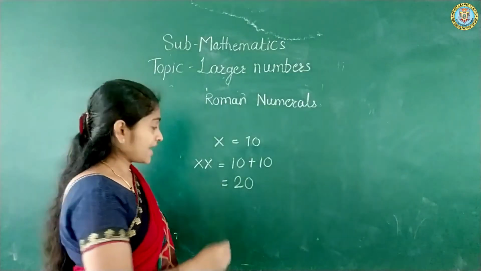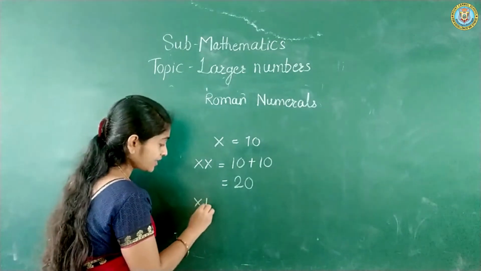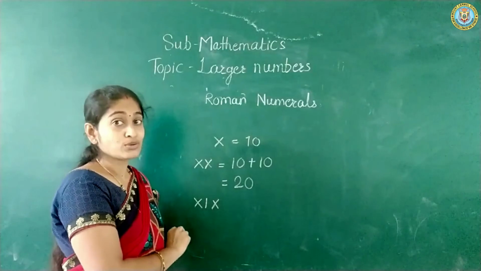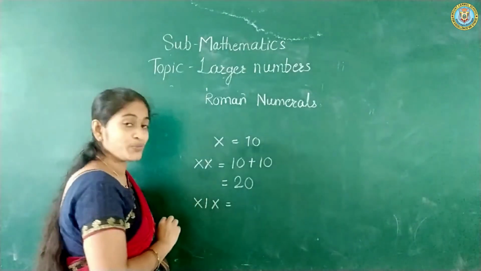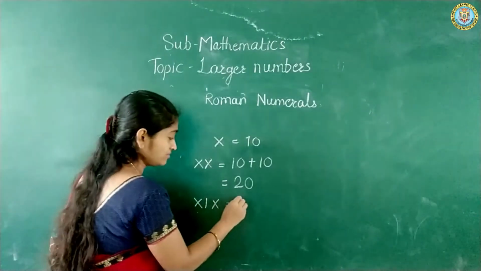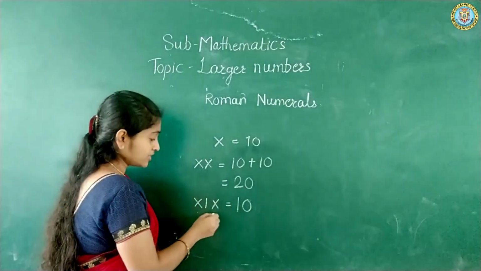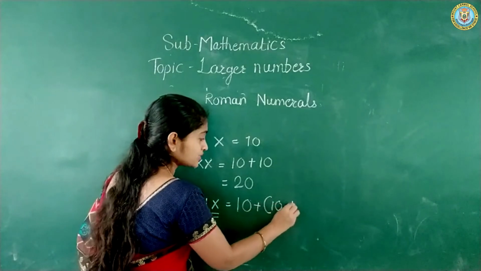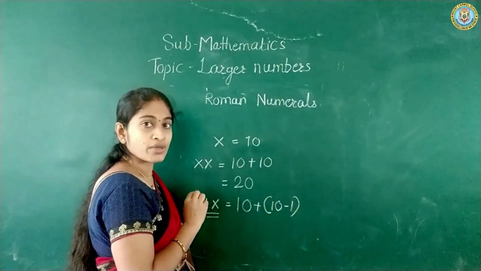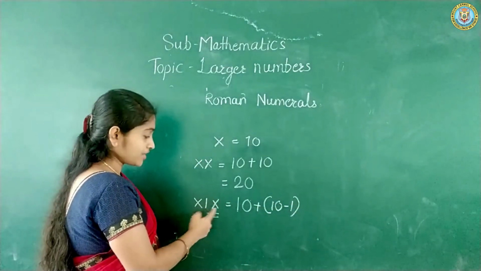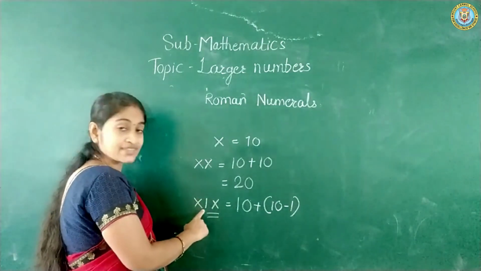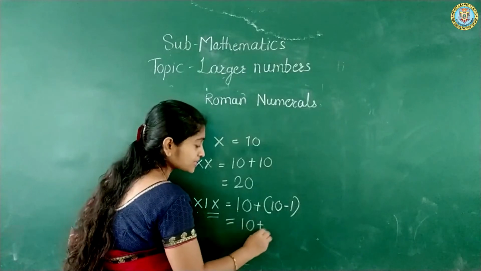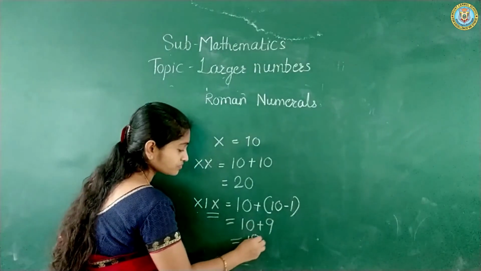And if, see, I comes in between, how to write this number now? Yes, 10, and this should be plus 10 minus 1. Okay, my dear students, see, if I comes before this X, we have to subtract that. That is 10 plus 9, that is 19.